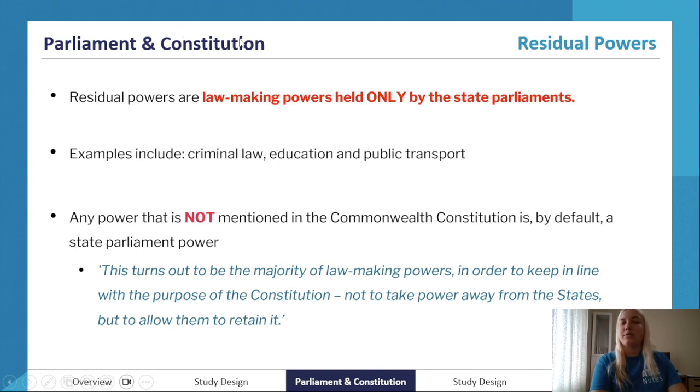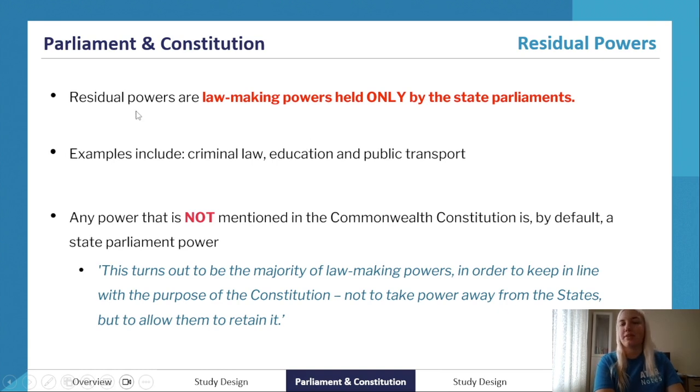So what are some examples of residual powers? Things like public transport. The public transport system, such as the train system, is different in every single state. Criminal law as well. There are different laws in each state with regards to crimes and the criminal justice system and penalties and sanctions, different fine amounts for different offenses, as well as different sanctions for each serious offense, as well as education.